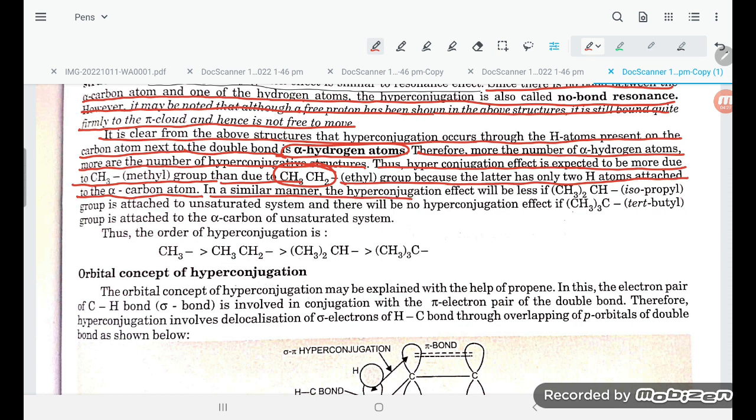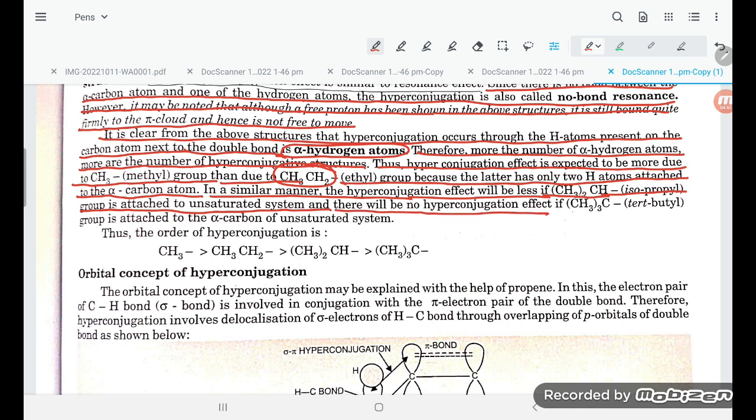In a similar manner, the hyperconjugation effect will be less if the (CH3)2CH isopropyl group is attached to the unsaturated system, and there will be no hyperconjugating structure for the tertiary butyl group.